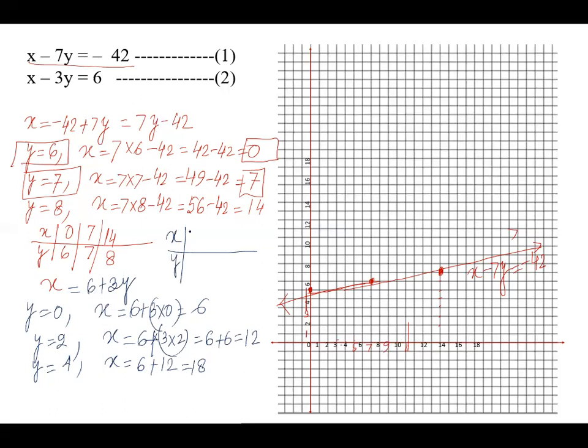So I am getting the table: x is 6, y is 0; x is 12, y is 2; x is 18, y is 4. The point 6, 0 is this point. 12, 2 is this point. Then 18, 4. So you have to join these 3 points.